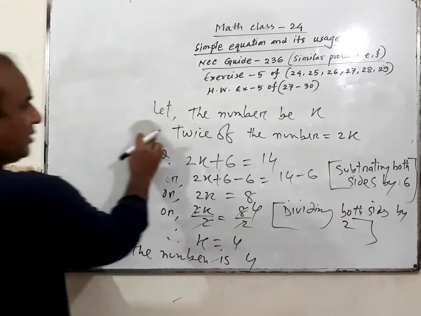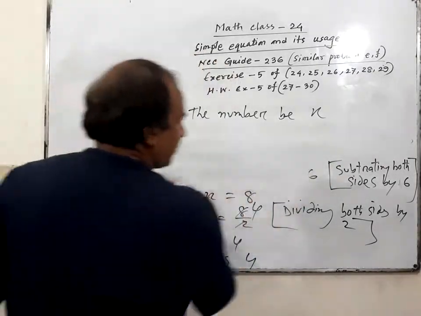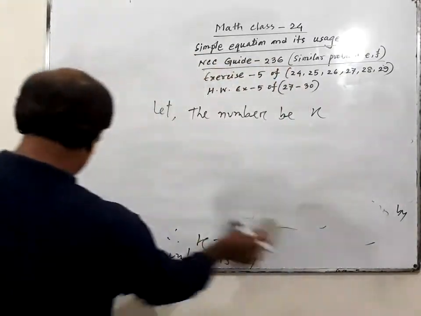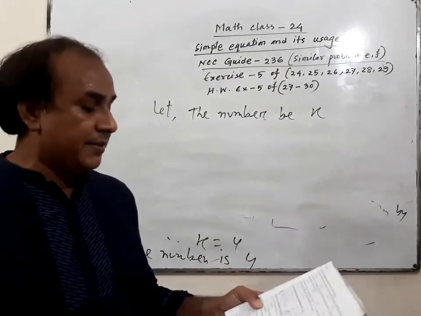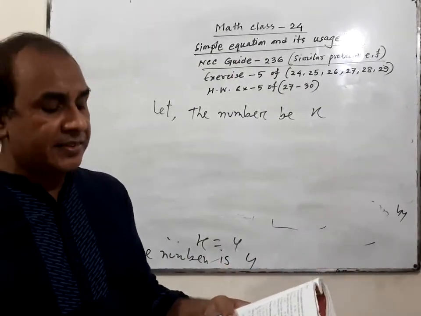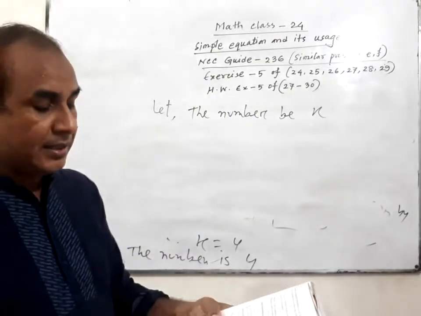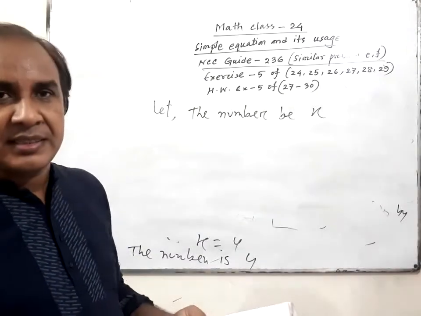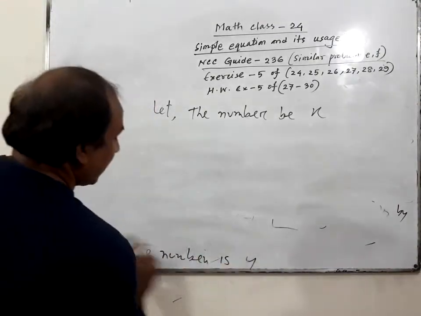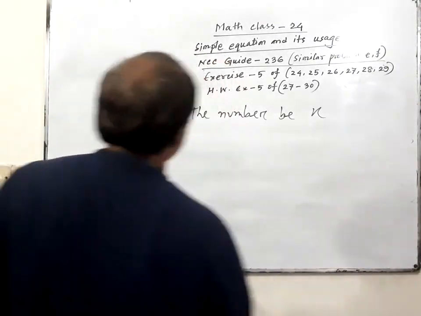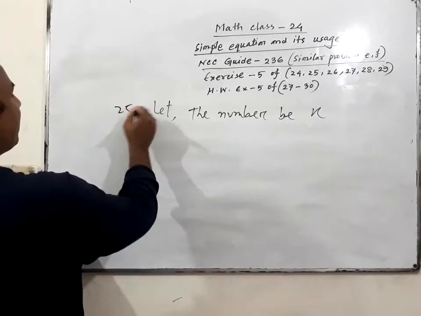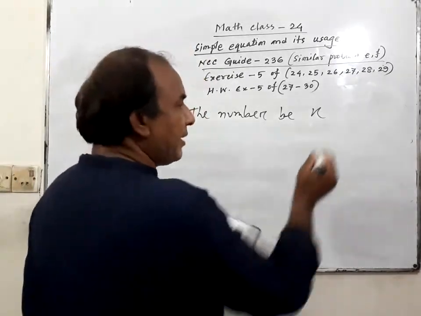Dear students, number 25. 5 is subtracted from a number. The difference will be 11. So what is the number? It is very easy for you guys. Let the number be x, the same way.